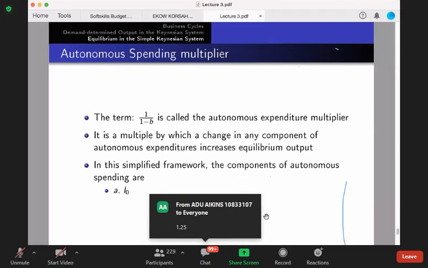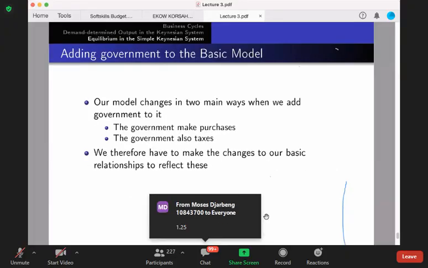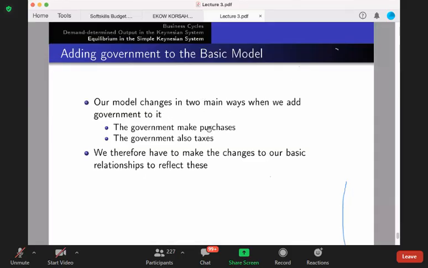Now let's complicate the model a little bit and add the government sector. Let's add G to the AD model. So we have C plus I plus G. Our model changes in two main ways when we add government to it. One, government makes purchases. And how do they finance the purchases?